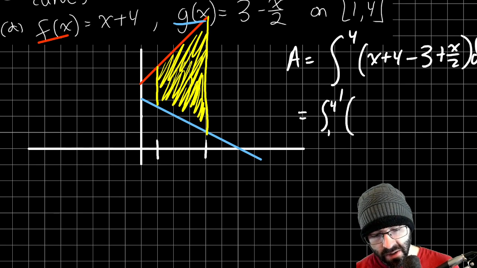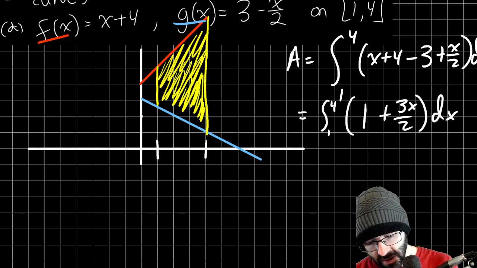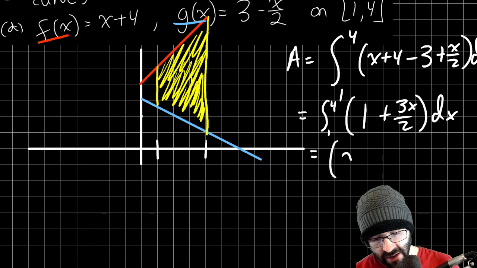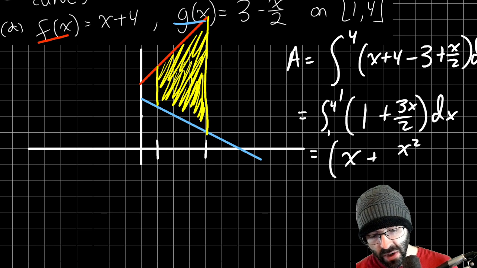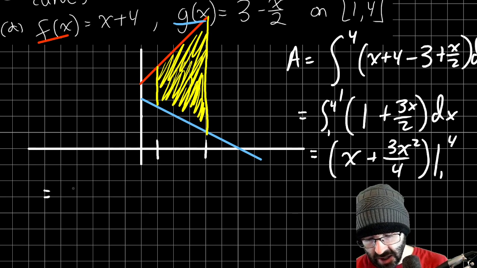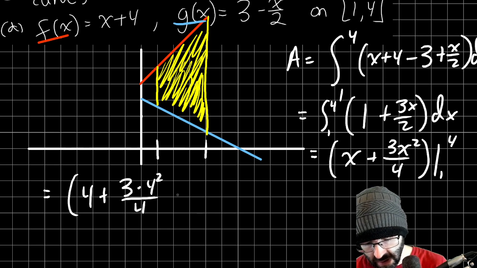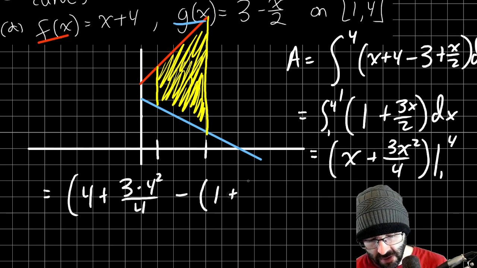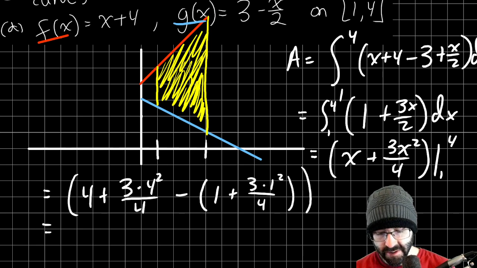Integral from 1 to 4. This becomes 4 minus 3 is just 1. x plus x over 2 is 3x over 2. And then we can take the antiderivative. That'll be x plus x squared divided by 2, from 1 to 4. Just plug in 4 and plug in 1, and subtract.